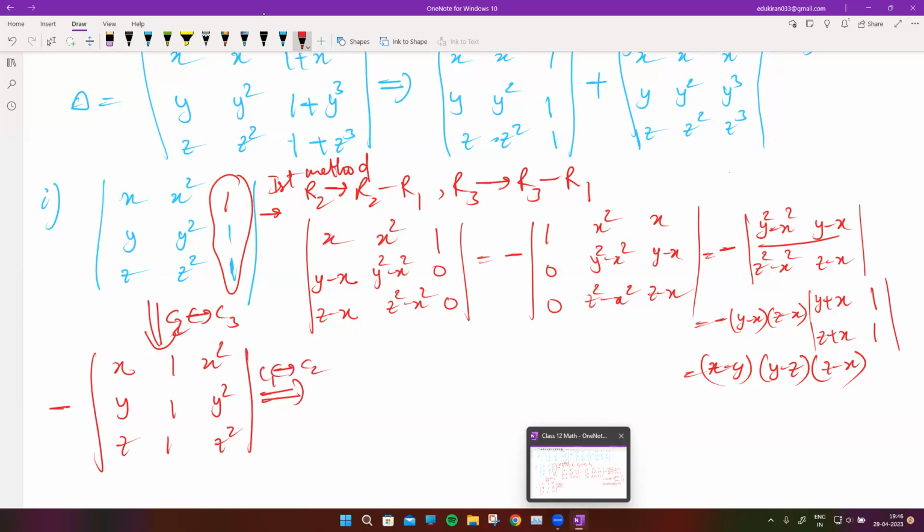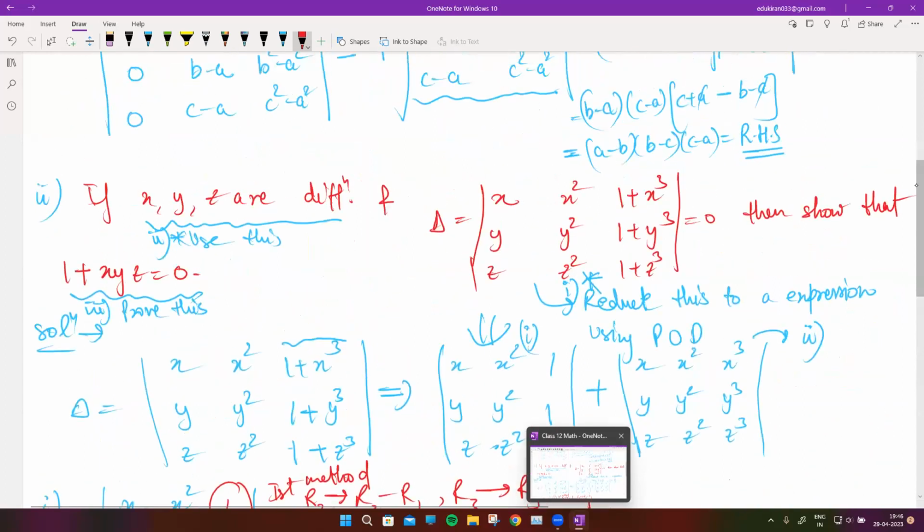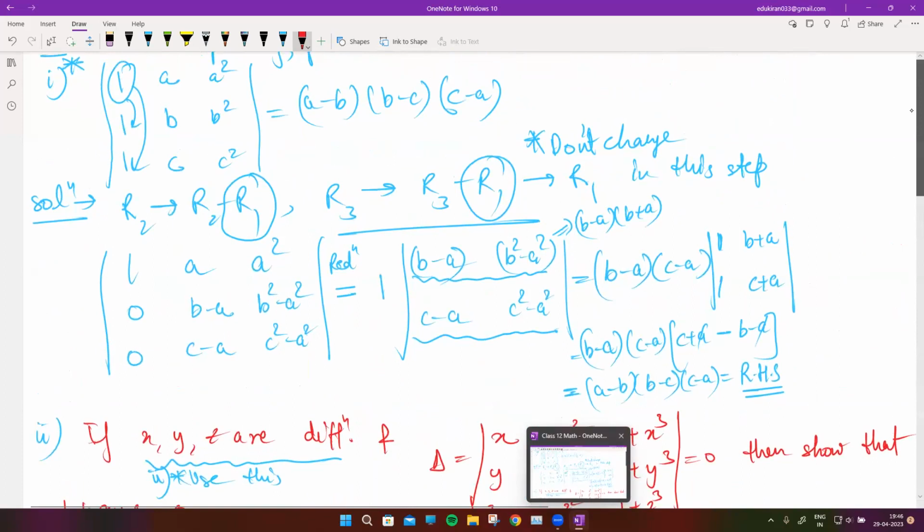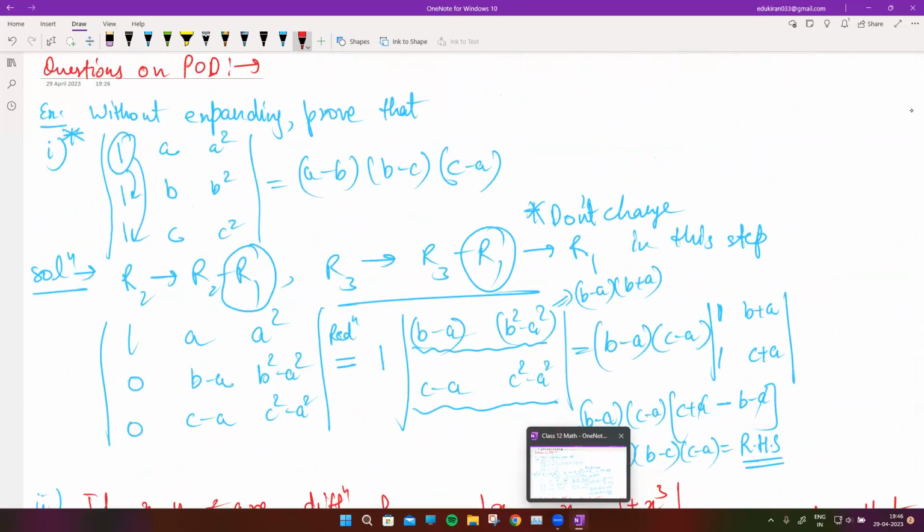So I'll put one more negative, and a negative with a negative becomes positive. So this becomes 1 1 1, x y z, x square y square z square. So I could have followed another set of properties of interchanging, and then with the help of the earlier example, this one, we just solved the same question, guys. This first question, 1 a square, 1 b square, 1 c square.